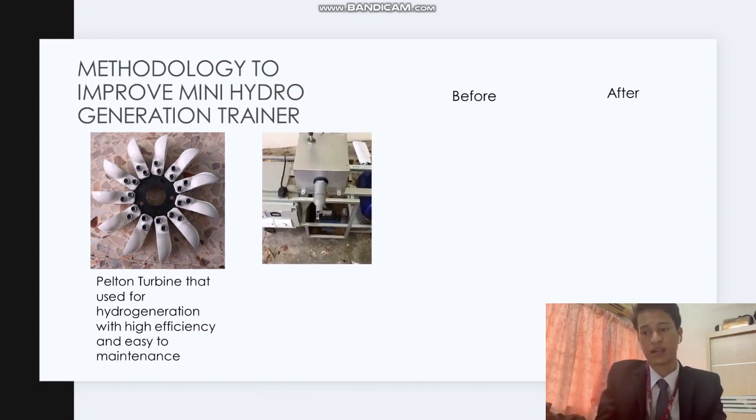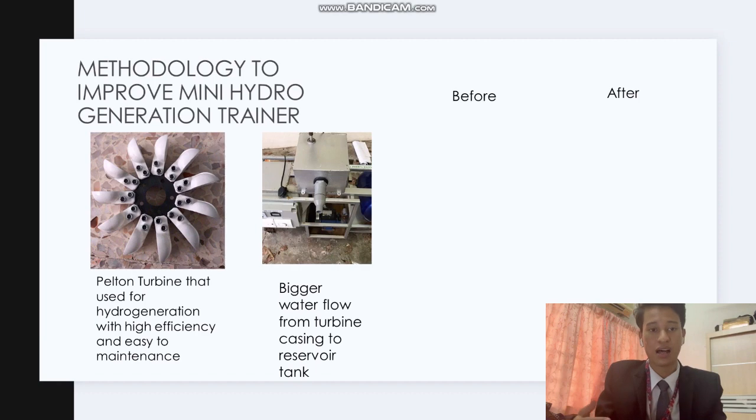Second, this is the improvement that I made to make a bigger water flow from the turbine casing to the reservoir tank. As you can see here, the water flow will go straight to the reservoir tank.